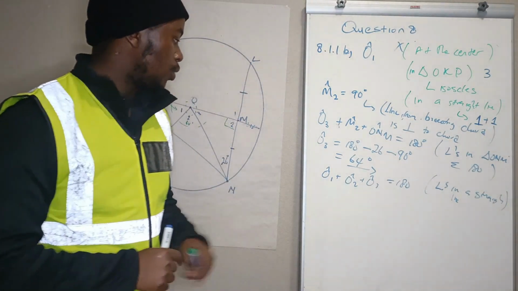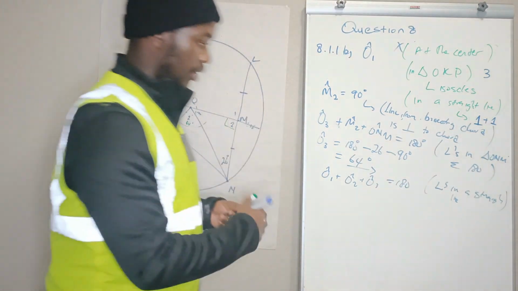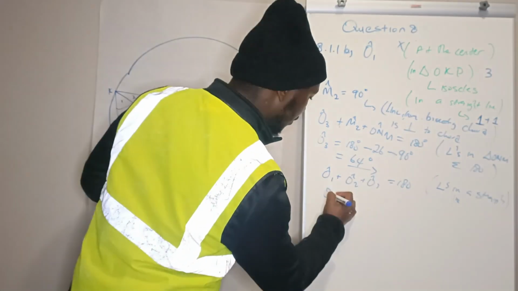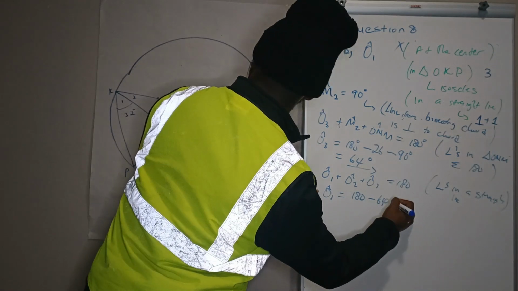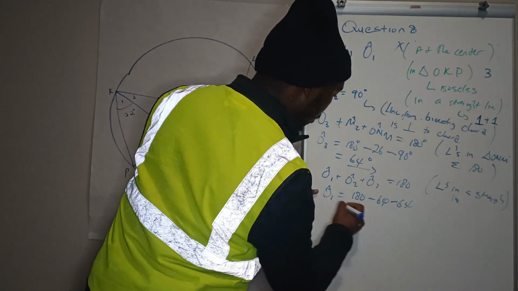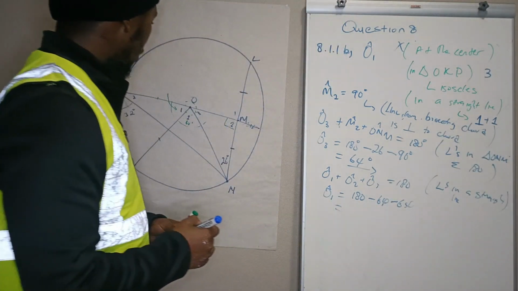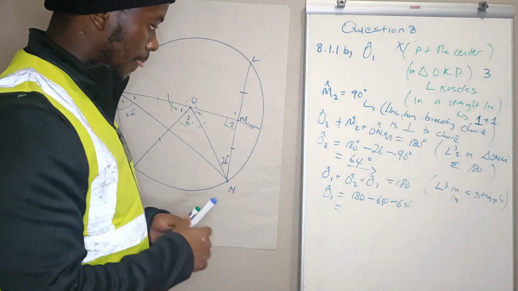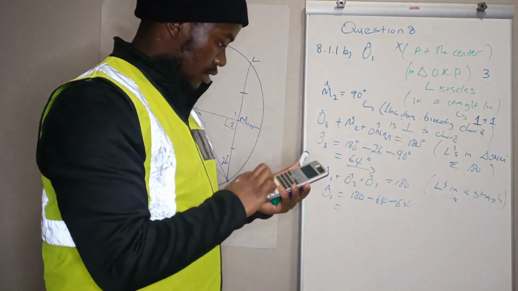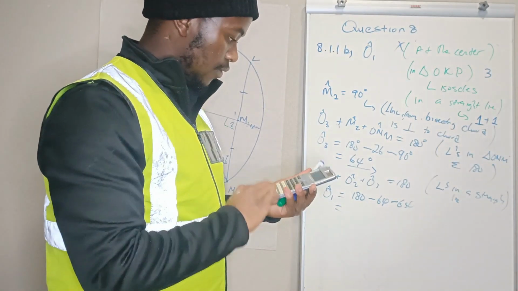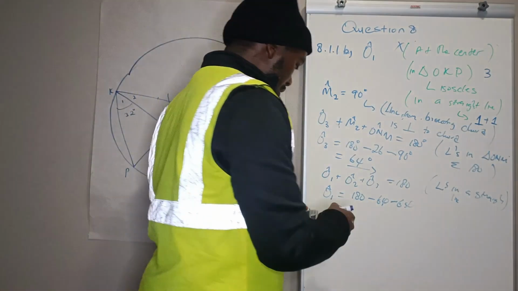So what is the value of O2? What is the value of O3? You can calculate that. So O1 will be equal to 180 minus 64 minus 64. And that is equal to, what is the answer? 180 minus 64 minus 64 is going to be 52 degrees.